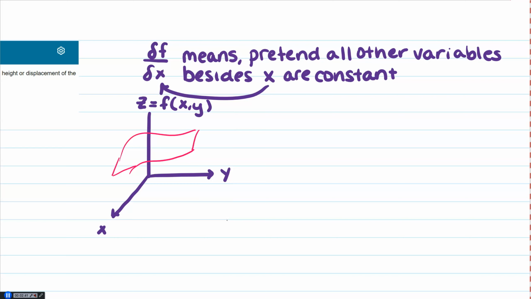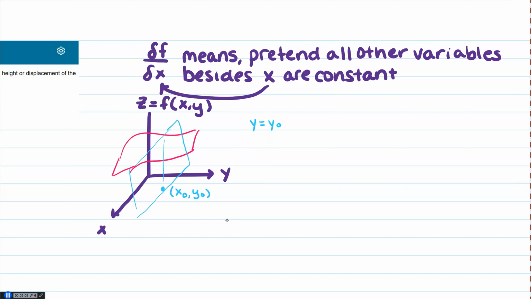So when we hold one of our variables as a constant, let's let y equal some value y0, then wherever this point x0, y0 is, we're going to slice with a plane.